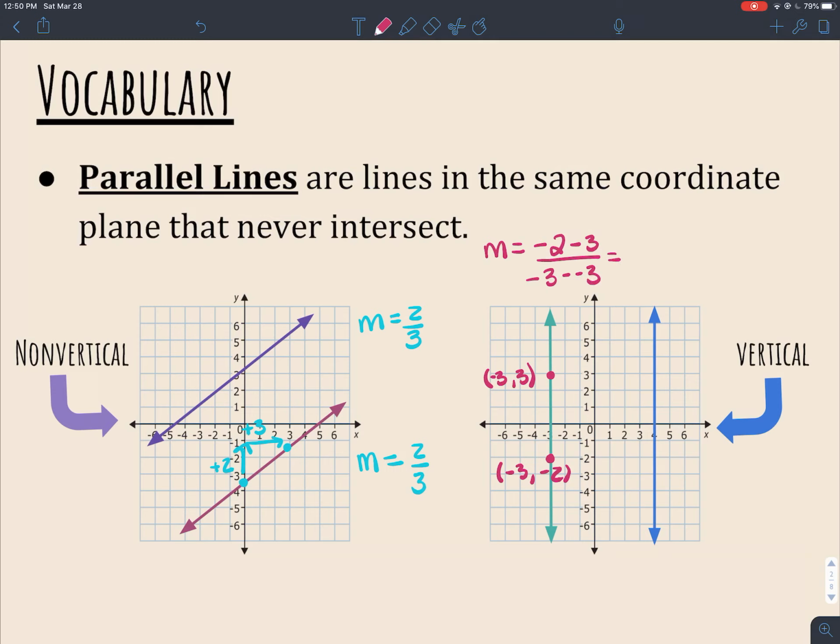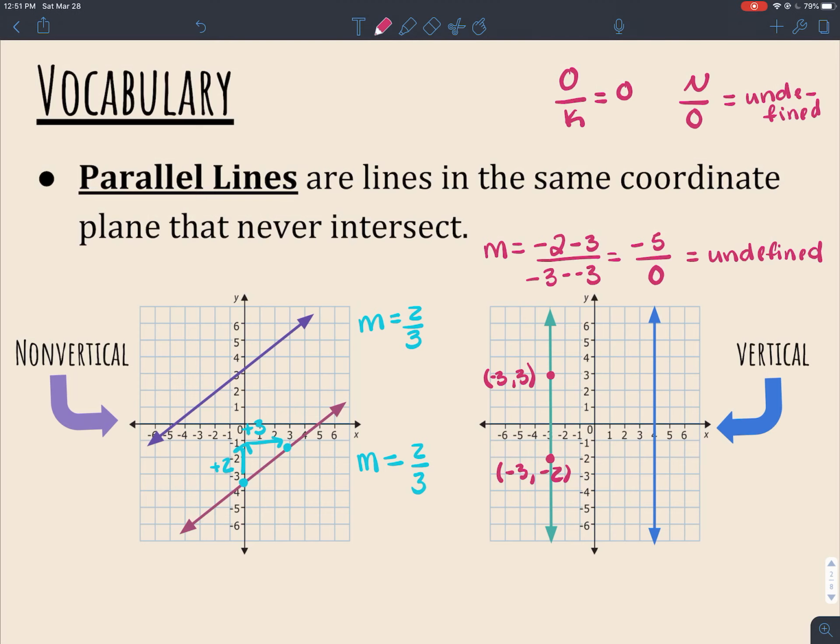So -2 minus 3 is -5, and -3 minus -3 gives us 0. If you remember my little trick, 0 divided by a number is okay, that equals 0. But a number divided by 0 is not okay, and we get undefined. So this slope is undefined, and that's true for every vertical line.